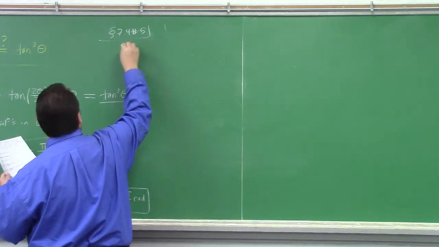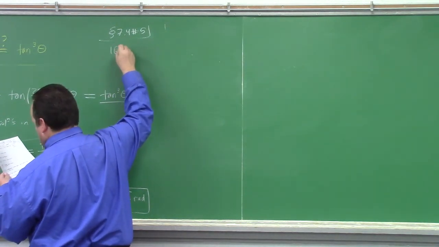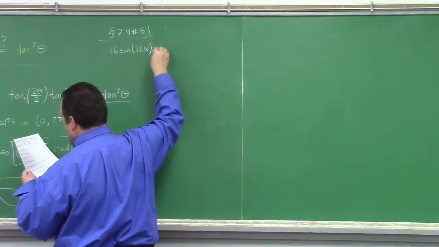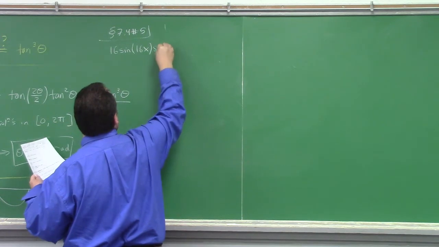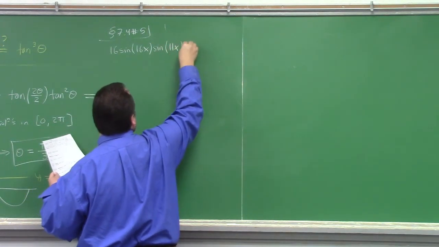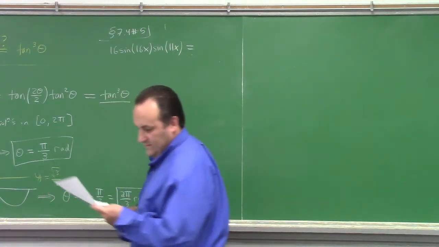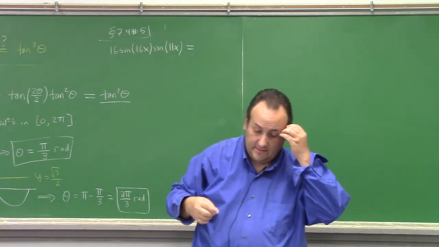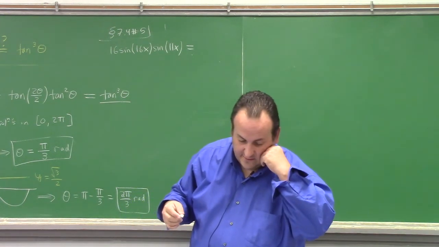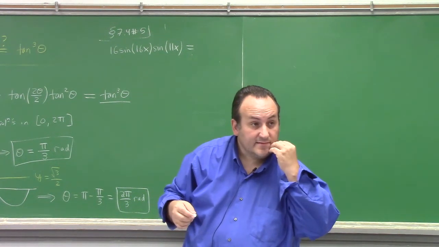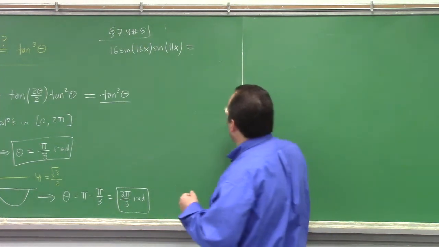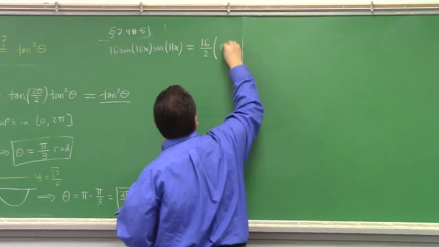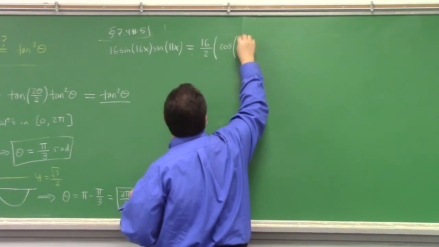So here, 16 sine of 16x sine of 11x. So this is a product of sines, right? So I look for the product to sum identity. The sine one is number 25, all right? So this is equal to 16 over 2, and then parentheses the cosine of, how's it go?